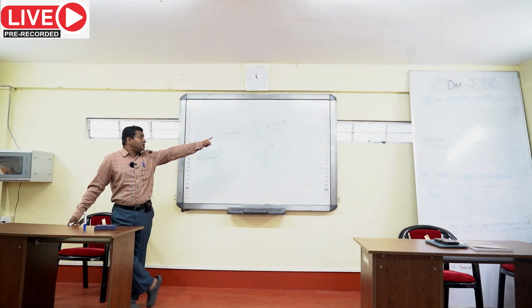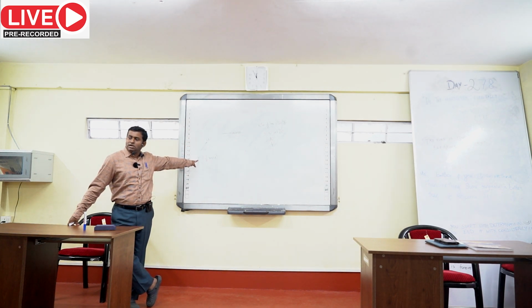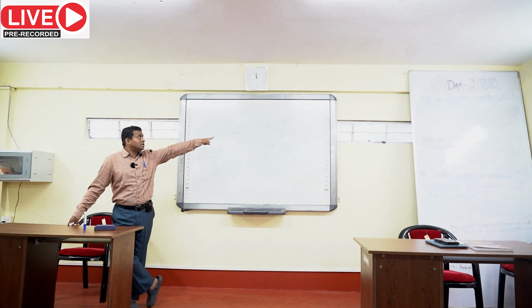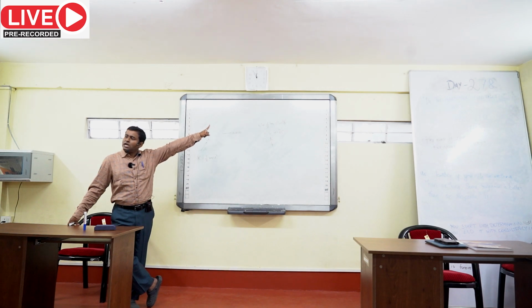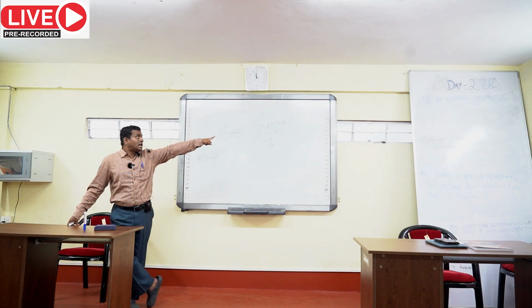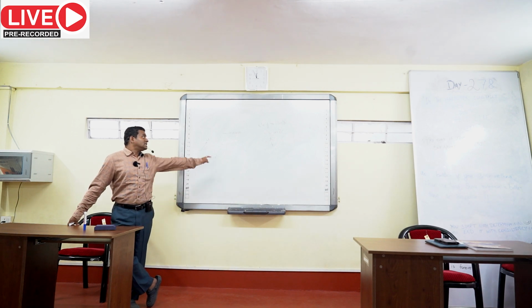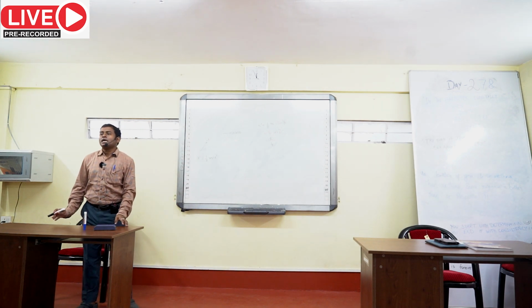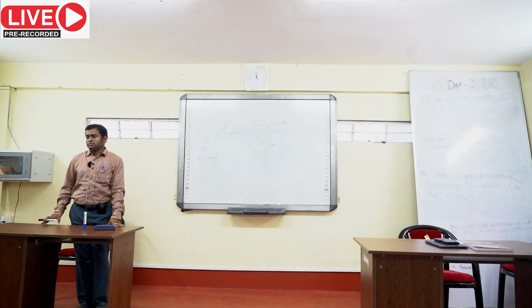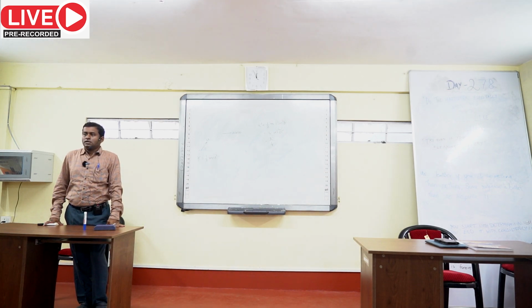Now half m u square from this equation is equal to K, so in place of half m u square I put K. So it will be K cos square theta. Theta is 60, cos 60's value is half, so its square will be 1 by 4. So kinetic energy at this point will be K by 4. All of you understand? Next.